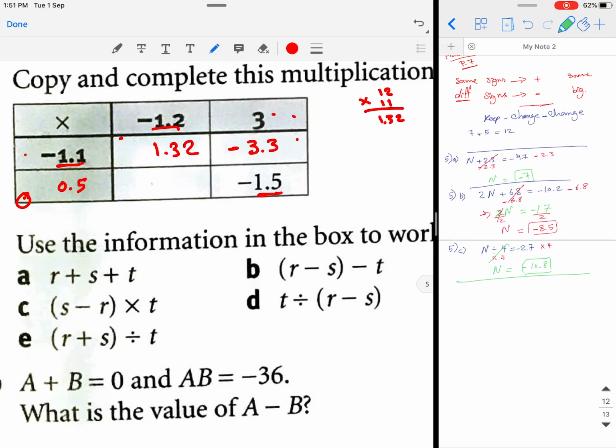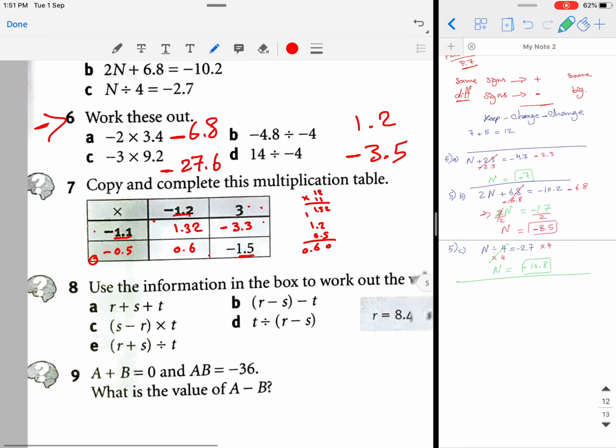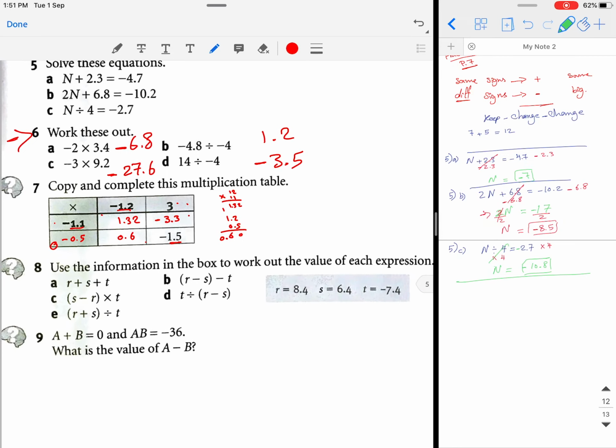Here is positive, so this one must be negative. To get this box, I will multiply 1.2 multiply 0.5. You can make long multiplication, 1.2 multiply 0.5. You will get 5 multiplied 10, interact 1, 5 multiplied 1, 5, and 1, 6. And put the point after two digits. So it's 0.6. And the sign is positive because negative times negative means positive. Okay. Let's go for the next one.